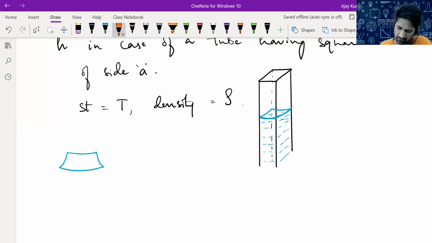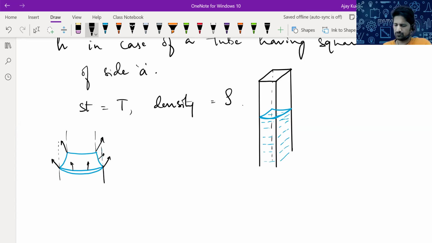Fine. And there will be forces due to surface tension acting in a direction tangential to the surface. Let's say the meniscus goes like this. It's hard to show in the diagram. At every point of the surface, forces due to surface tension will be acting like this.